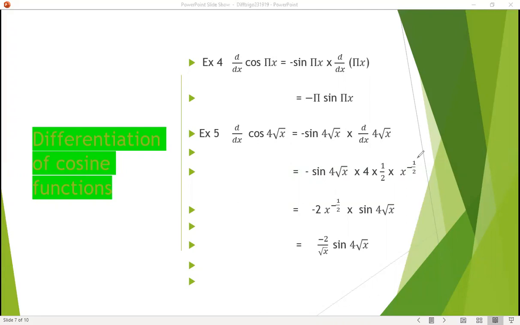So final answer, you have minus 2, x power minus half, sine 4 root of x. Now, of course, x power minus half in the denominator can be written as square root of x. So differentiation of cos 4 root of x is minus 2 sine 4 root of x upon root of x.